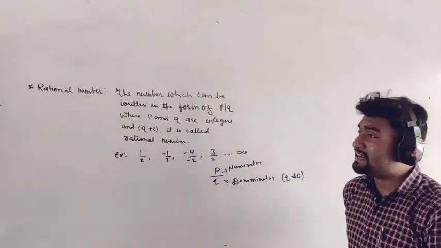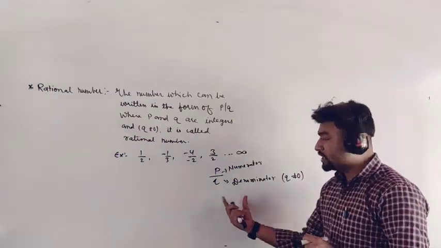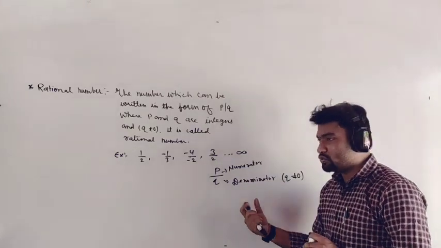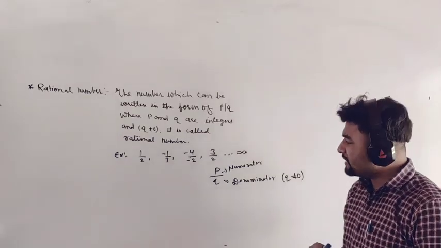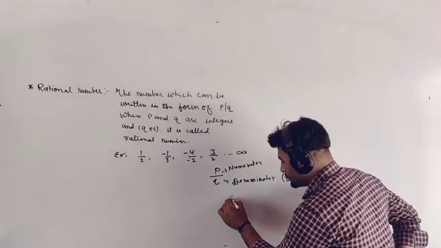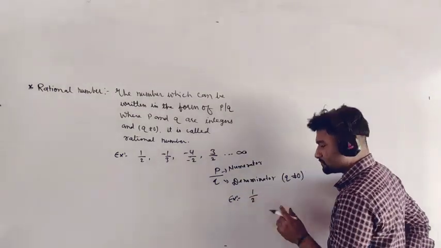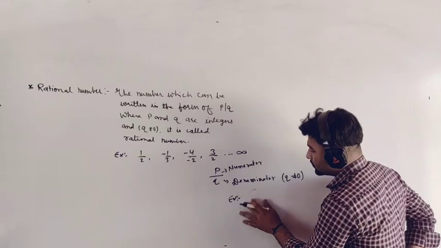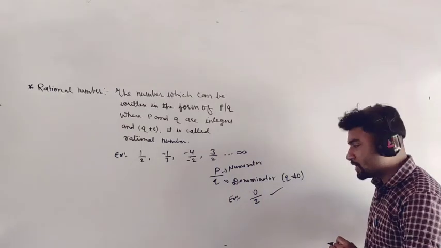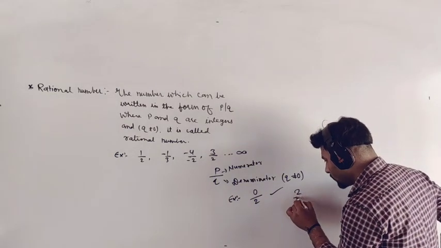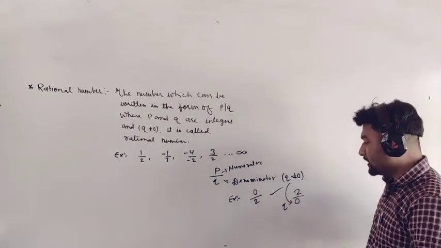If you write a rational number in P upon Q, then don't write Q as 0. For example, 0 upon 2 is rational, but we cannot write 2 upon 0.